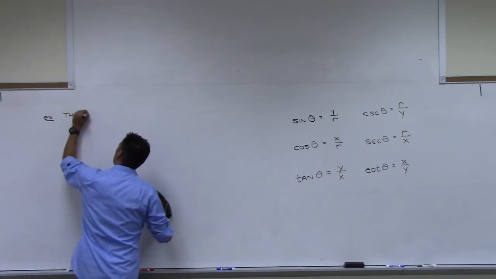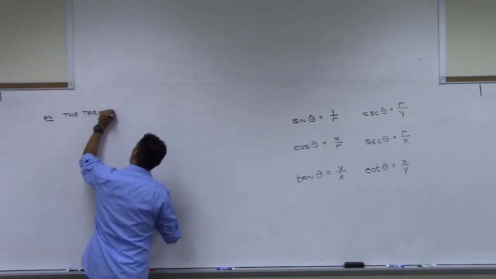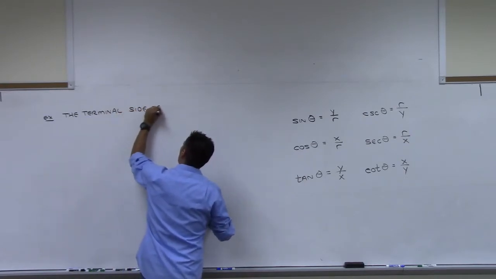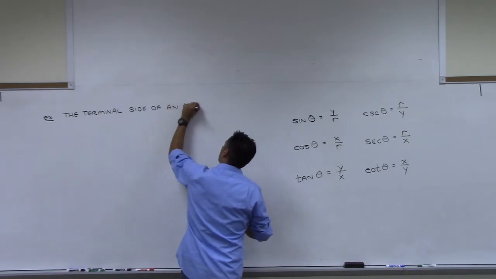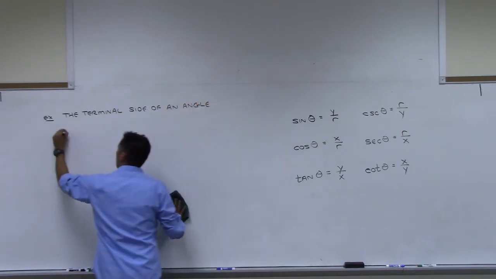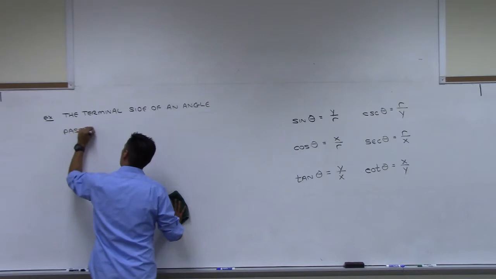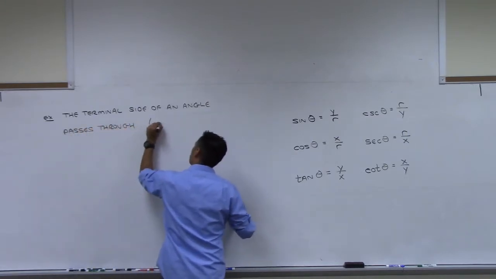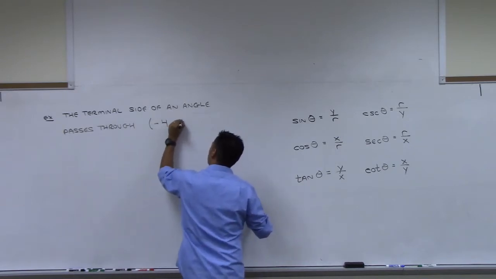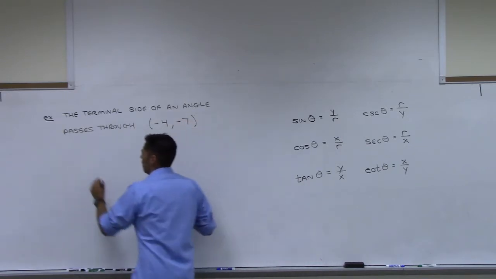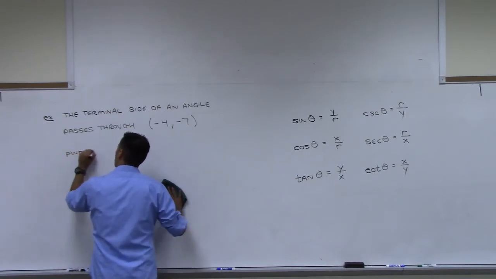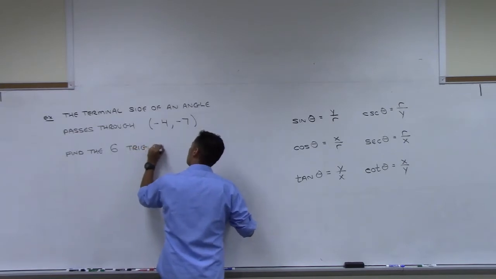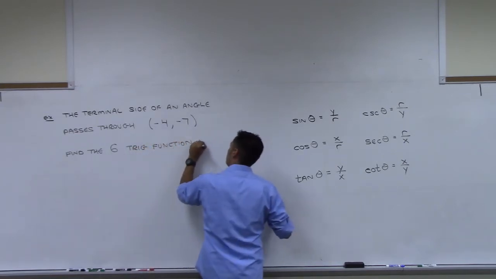The terminal side of an angle passes through the point -4, -7. Find the 6 trig function values.